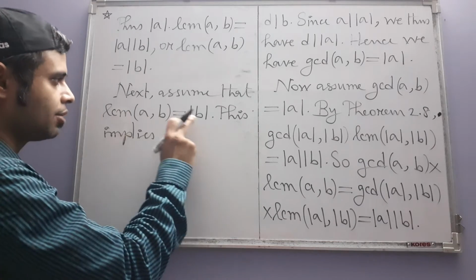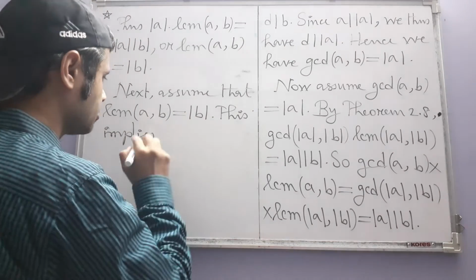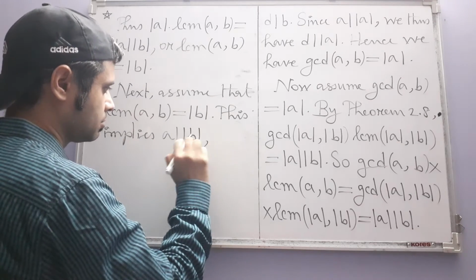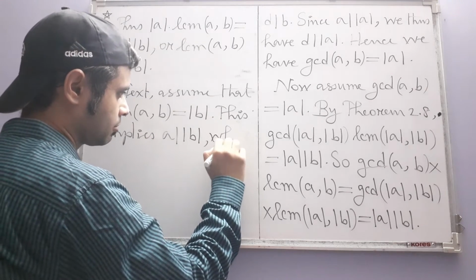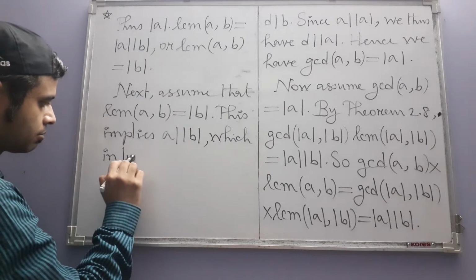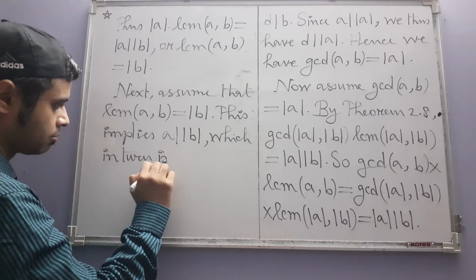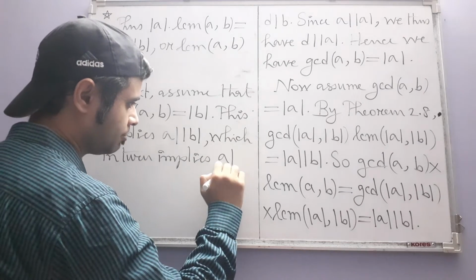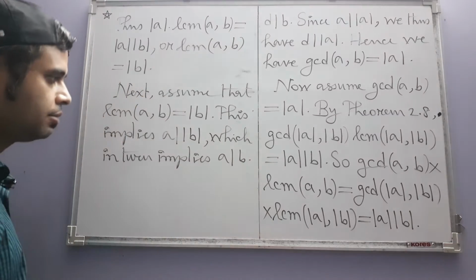That is, A divides this. So this implies A divides this, which in turn implies that A divides B. Why?